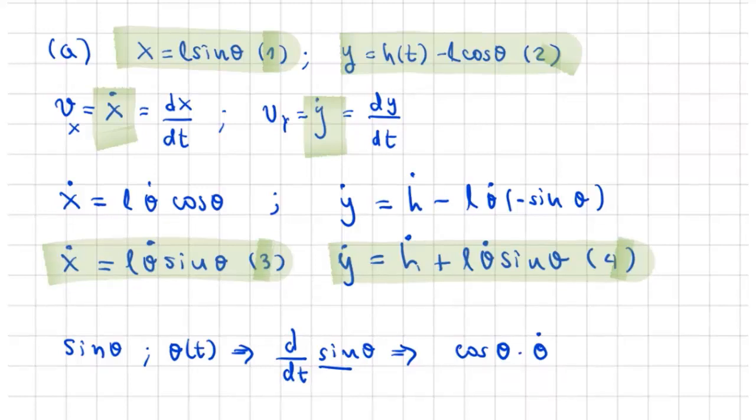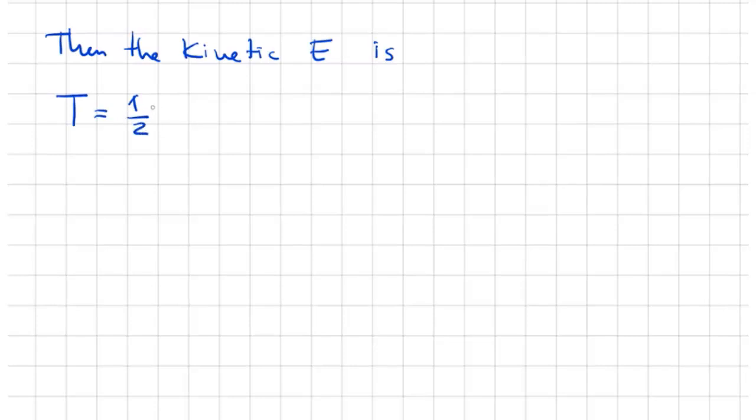Okay, let's go now and write down the kinetic energy of this pendulum. Then the kinetic energy is T equal to, as definition, 1/2 of the mass times the velocity squared.